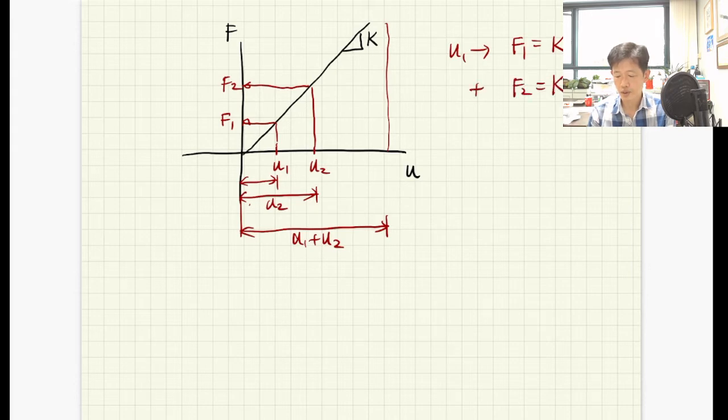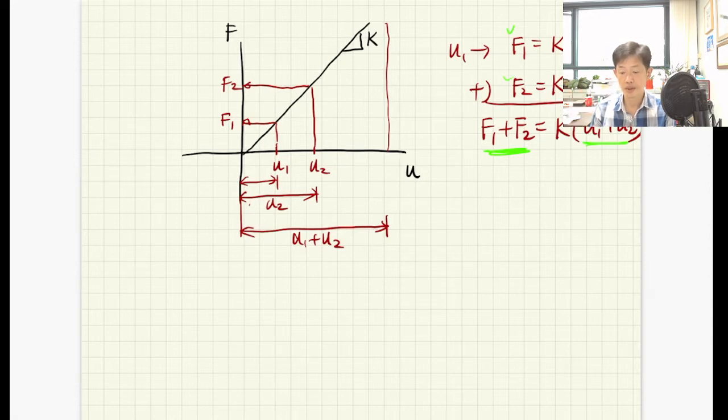If you add these two equations together, then we obtain F1 plus F2 is equal to the stiffness times U1 plus U2. For U1 plus U2, we can get the response as the sum of the responses from these two individual independent behaviors. Okay, this is the principle of superposition.